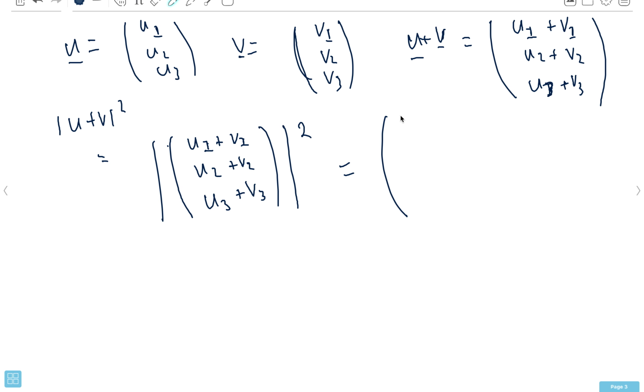So u1 plus v1, u2 plus v2, squared. And now we just do it normally, we just square them.